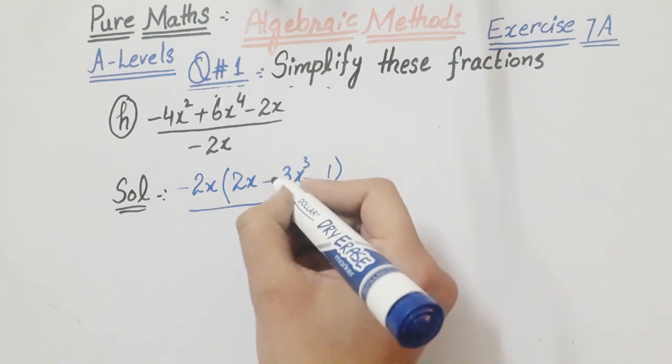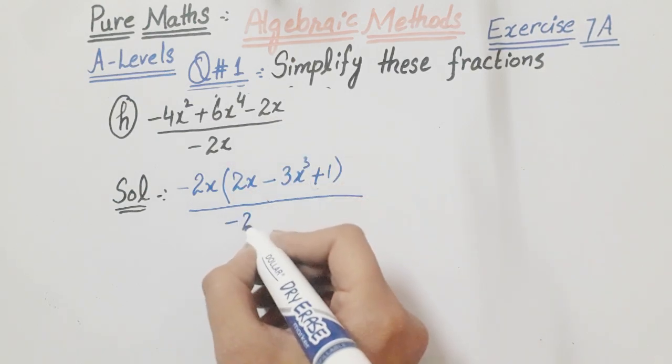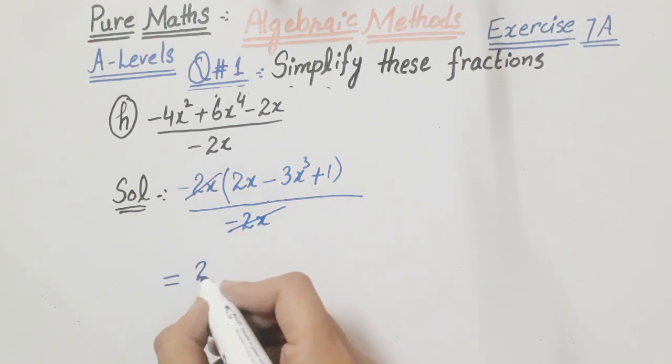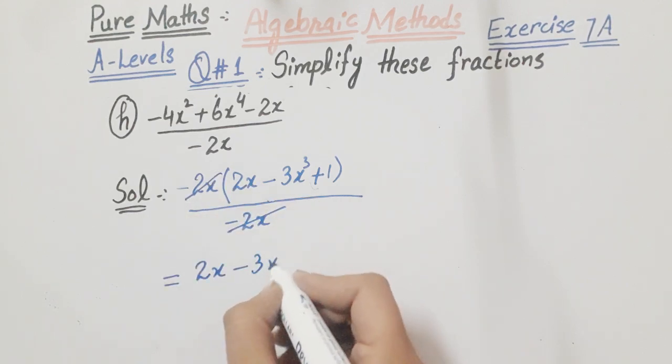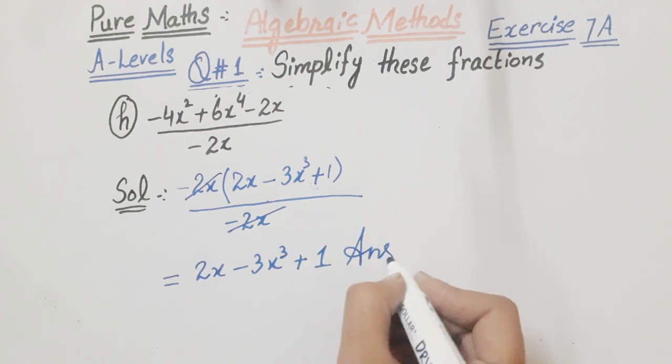So this plus will become minus and this minus will become plus. So -2x will be cancelled by this -2x and we have 2x - 3x^3 + 1 as the answer of this question.